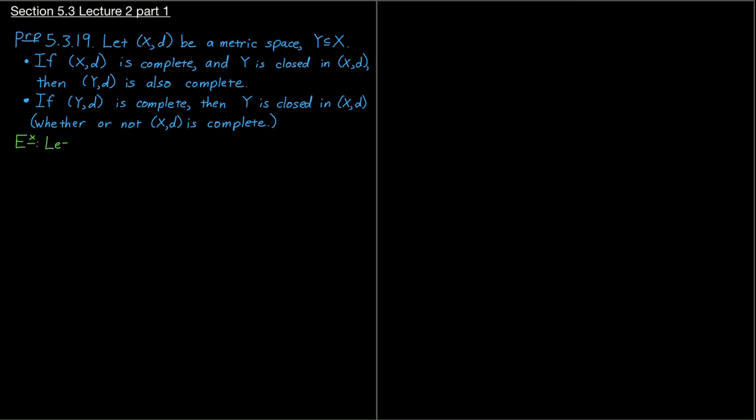So let's have some examples of what this proposition is talking about. Let Y be the set of all rational numbers whose square is less than 2. Then Y is closed in Q, but Q isn't complete, and you can see pretty clearly that Y is not complete.